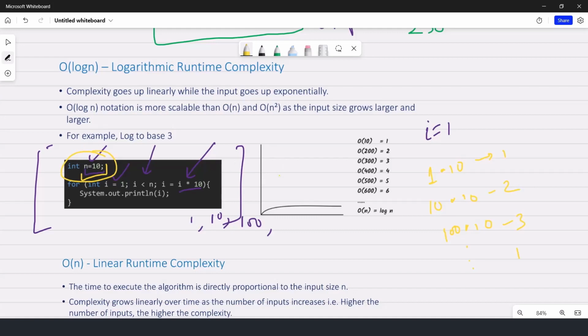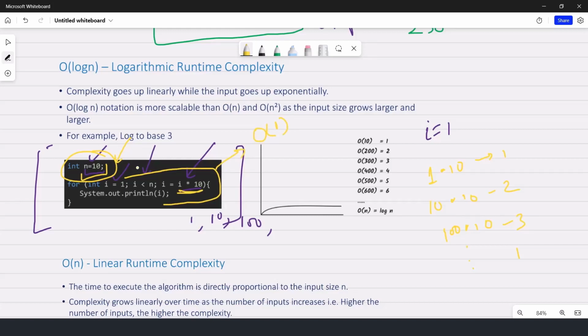In general, as n is a power of 10, it will take log of n iterations to reach or exceed n. However, since n is fixed at 10 in this case, the loop will execute once. So if n is 10, fixed, and this kind of loop is given with such high increments, this can be considered constant time, that is O of 1.